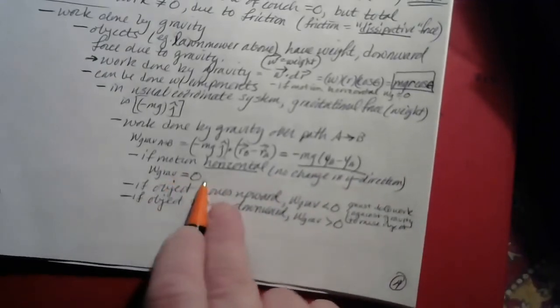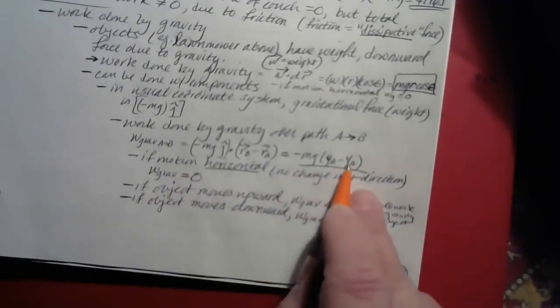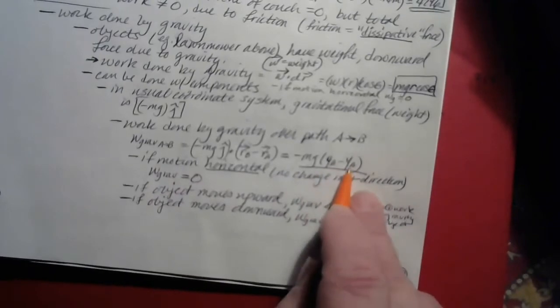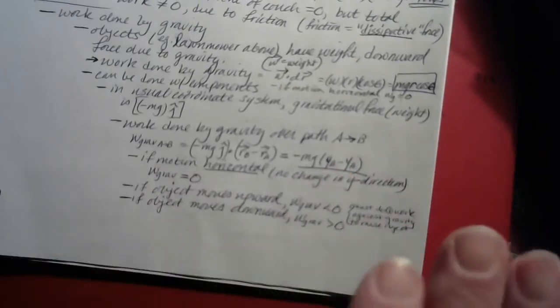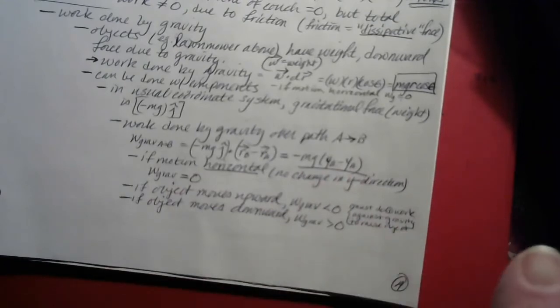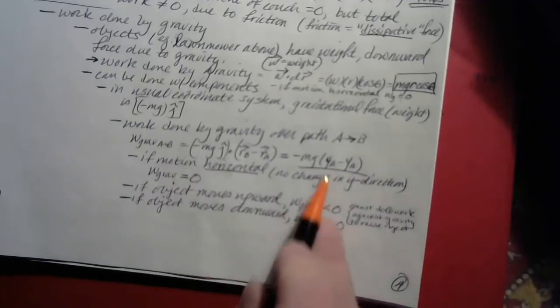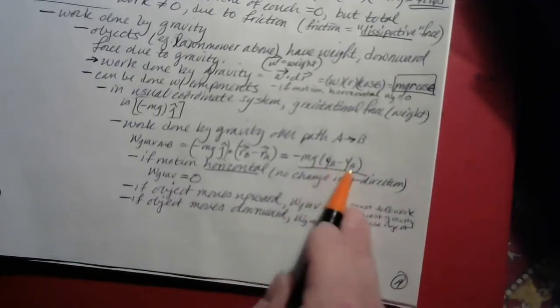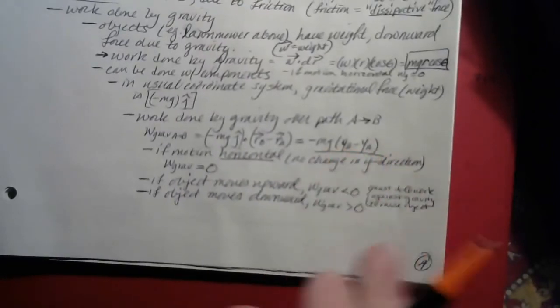So if the motion is horizontal, that is, no change in the y direction, then the work due to gravity is 0, because yB minus yA would be 0. So again, if the motion is horizontal and horizontal only, then gravity does no work. But if there is motion in the up-down direction, then there will be work done by gravity.